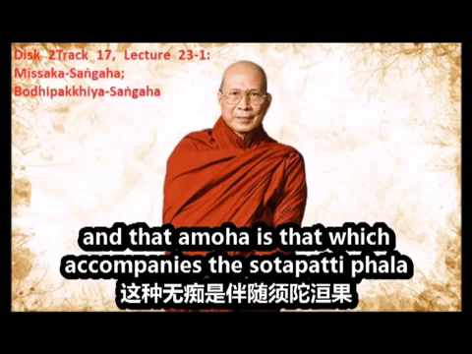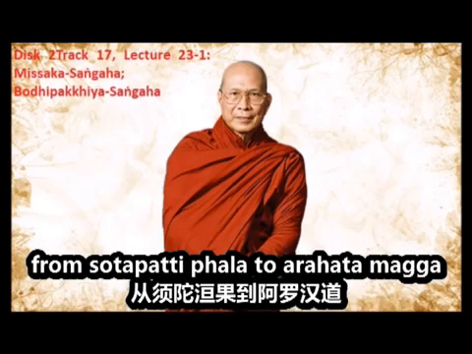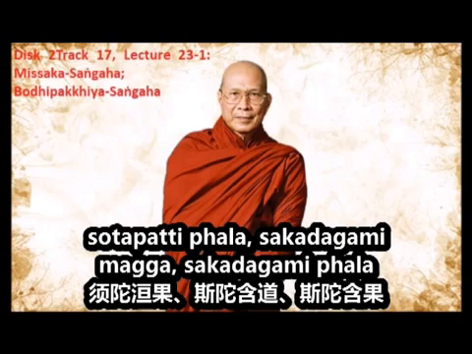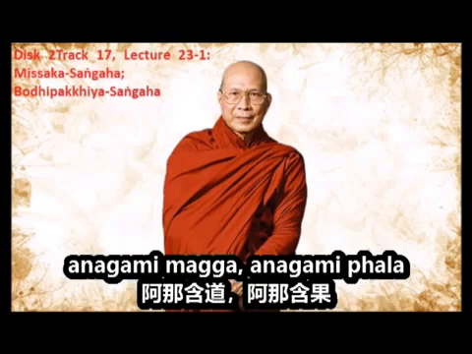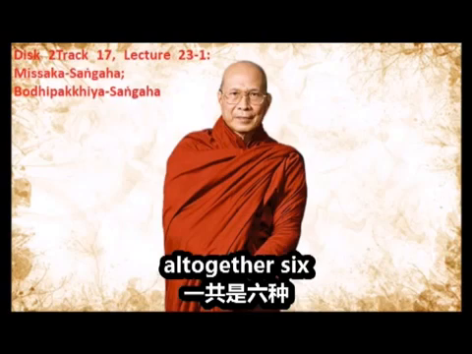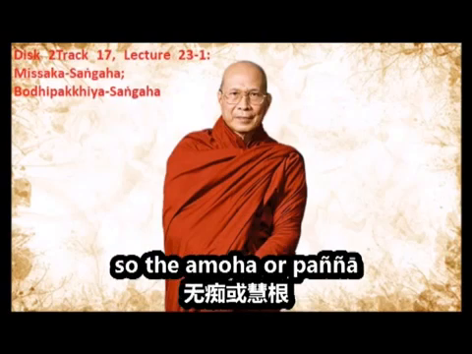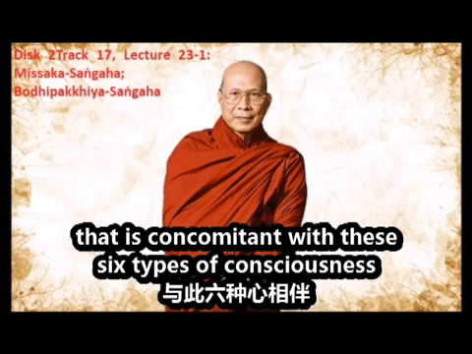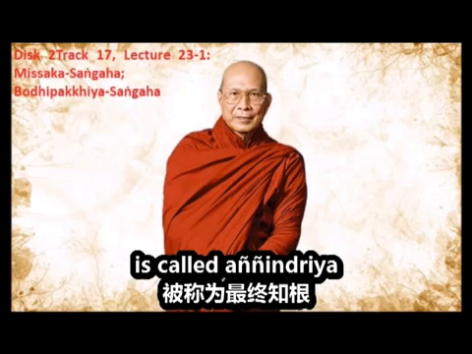And that amoha is that which accompanies the Sotapatti Phala, from Sotapatti Phala to Arahata Magga. Sotapatti Phala, Sagadagami Magga, Sagadagami Phala, Anagami Magga, Anagami Phala, and Arahata Phala, altogether 6. So, the amoha or panya, that is concomitant with these 6 types of consciousness, is called Anyindriya.